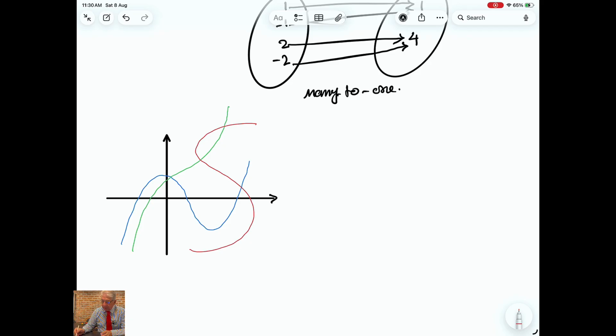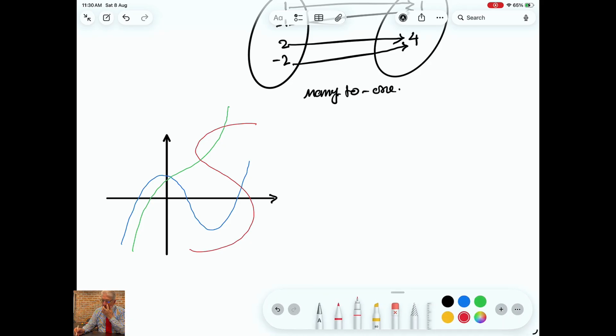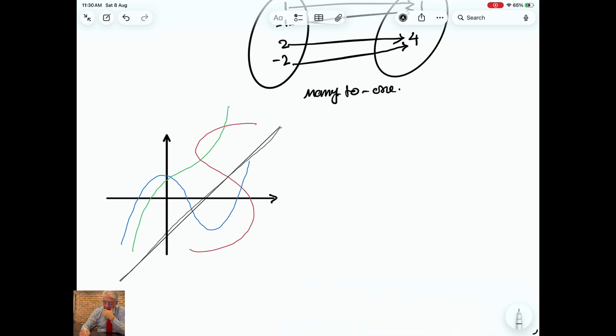The red one is another. And the black one is another. Now let us discuss one by one and see which one of them is a function and which one of them is not a function.